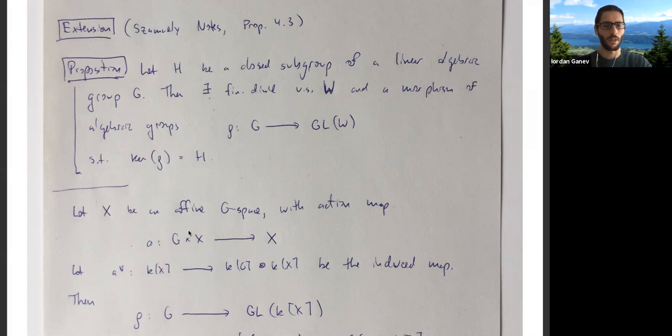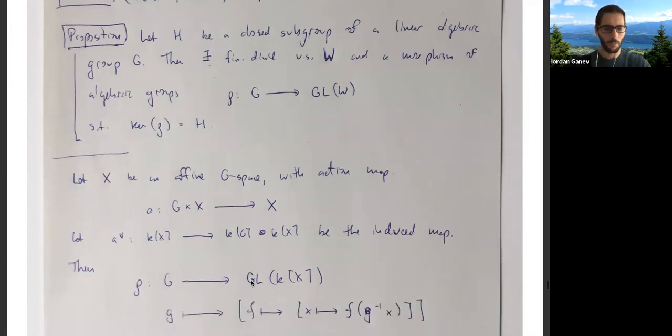So X is an affine variety, and we have an action map that's a morphism of varieties. And we have the associated algebra homomorphism from K[X] to K[G] tensor K[X]. It looks a little bit like the coproduct, except we have X instead of G. So this is actually a co-action map for this Hopf algebra. Maybe I won't go into that right now, but there's some extra structure going on here that I won't really talk about right now, maybe later on.